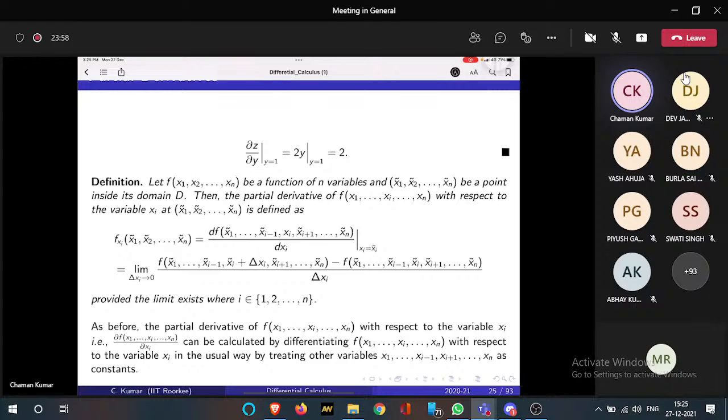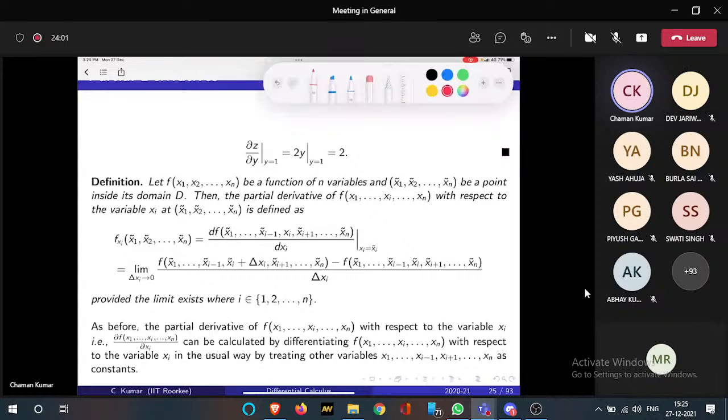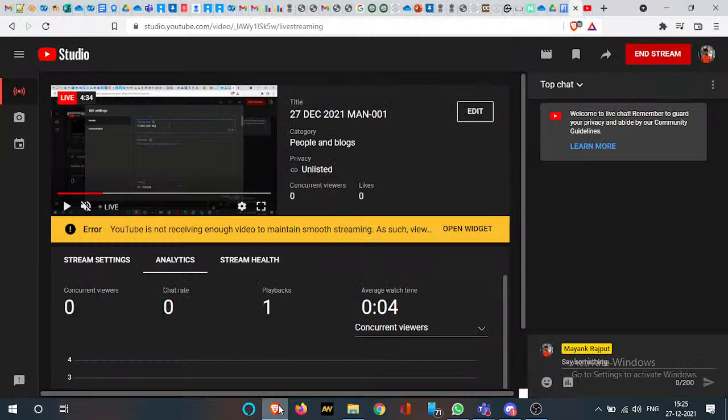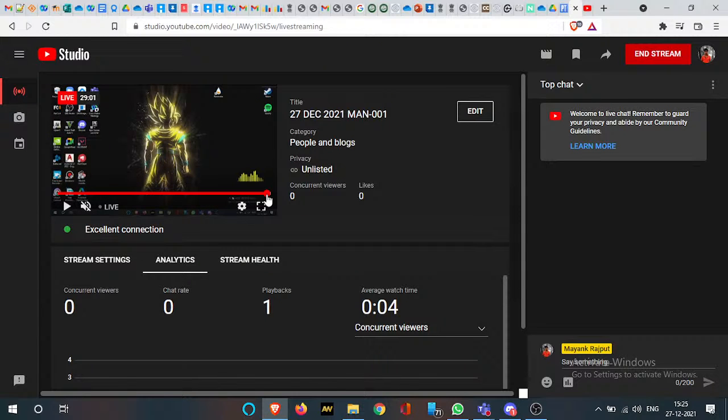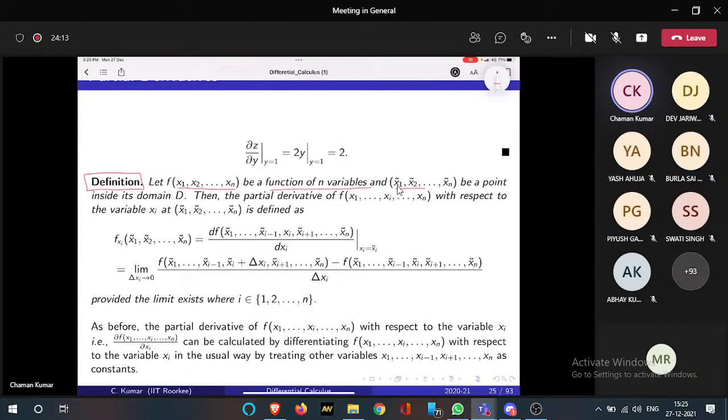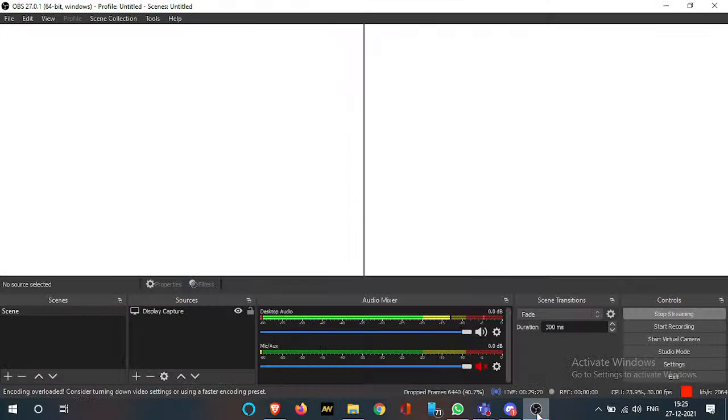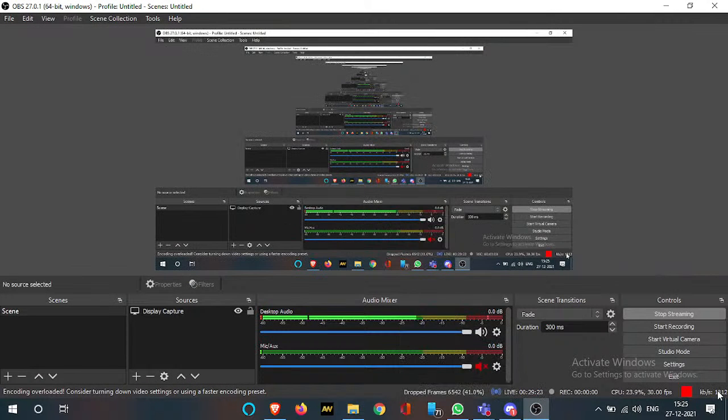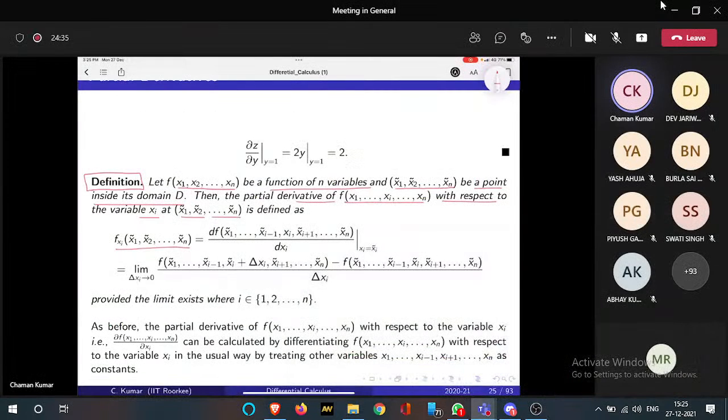Now we try to extend the notion to a function of more than two variables. So I have variables x1, x2, ..., xn. This is a function of n variables. And let (x1 tilde, x2 tilde, ..., xn tilde) be a point inside the domain D. Then the partial derivative of f with respect to xi at this point is defined as follows: you fix all variables except the ith variable.